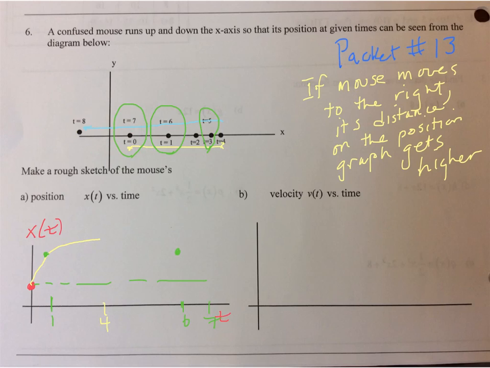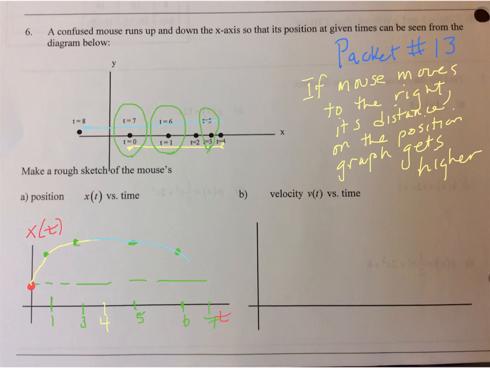And then at t equals 5, it's going to be at the same height as it is at 3. So give or take those. And then we're going to come down.